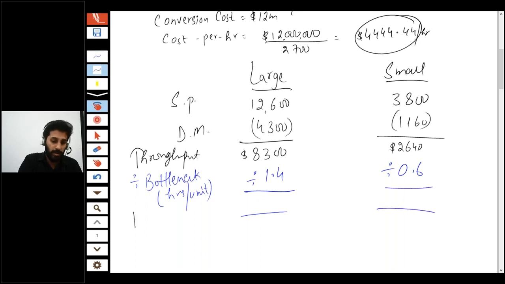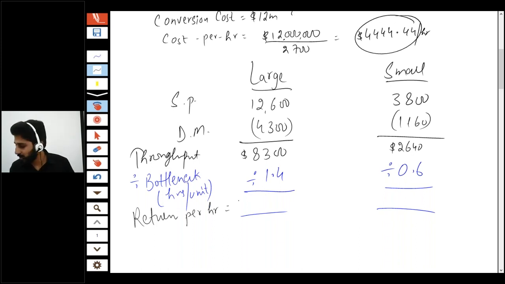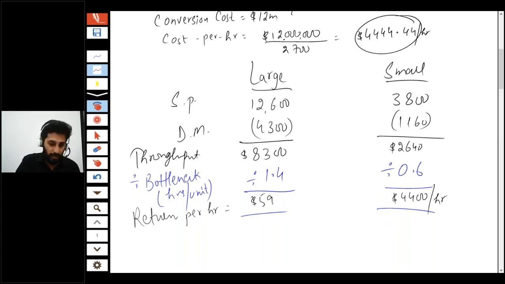That is written per hour. So it is $4,400 per hour. It is 8,300 divided by 1.4, that is 5,928.57, isn't it?